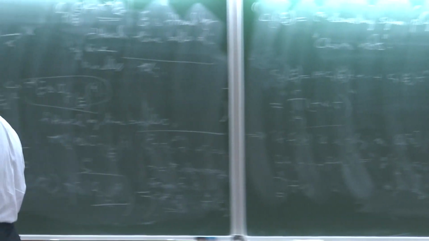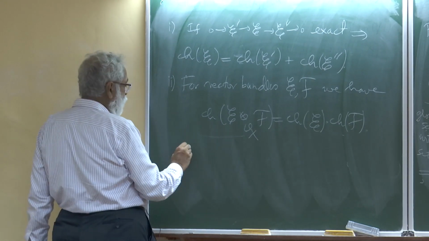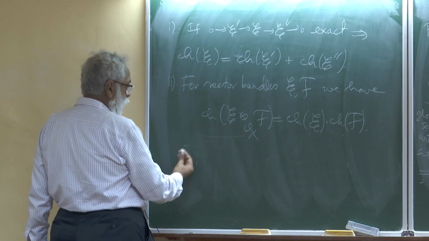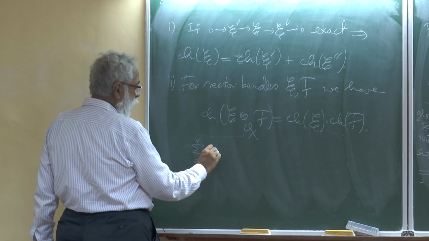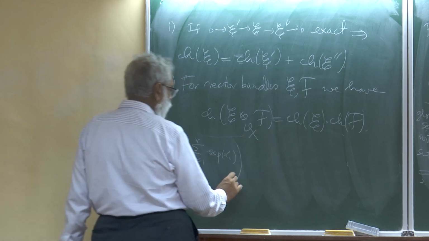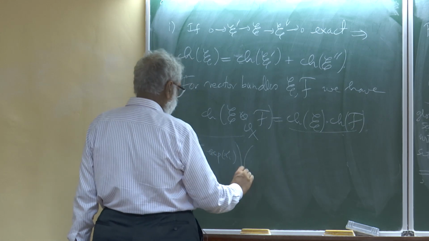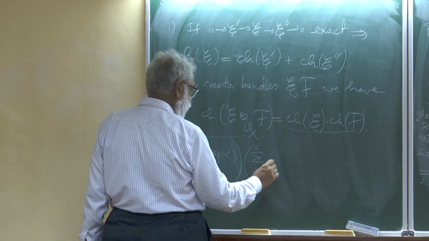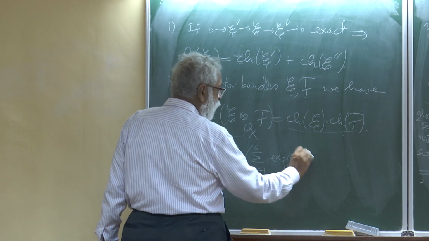So why is this identity true? This is just saying the product, i equals 1 to r, of the sum, i equals 1 to r, of exp of alpha i, and if I write this side, it will be the product of the sum, j equals 1 to s, of exp of beta j, right?